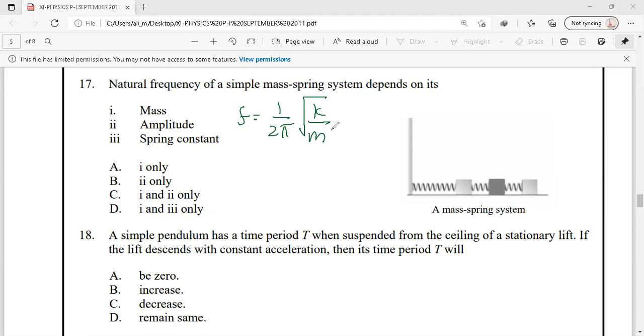This is our formula for the natural frequency of the spring mass system, where k is the spring constant and m is the mass attached to the spring. So amplitude is the factor that will not affect the frequency of this spring mass system. So 1 and 3 is the right answer.